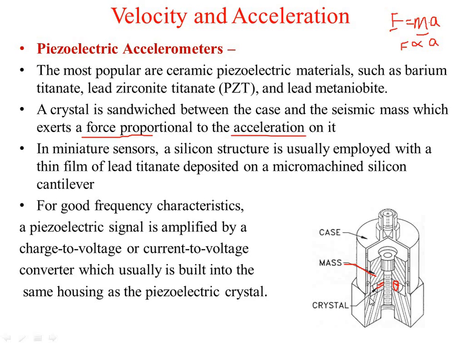That means the circuit is directly connected to an I to V converter, because the charge is converted into current and current is converted into voltage. This circuit is implemented in the silicon cantilever itself, and you can get the output directly. So this is how the piezoelectric accelerometer works.